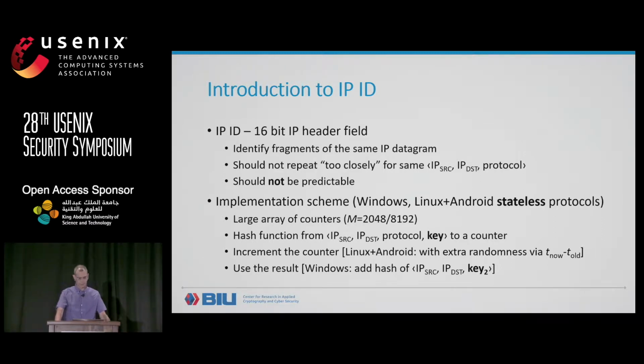Linux and Android have an extra twist of adding some extra randomness based on time, and then using the result. Windows has an extra twist of adding another hash value of, again, the source IP address, destination IP address, and another key.